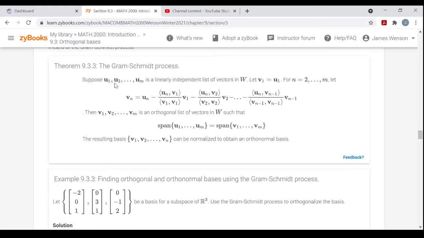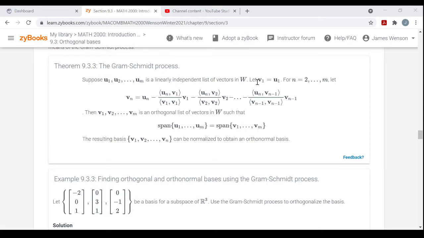Suppose u1, u2, all the way up to um is a linearly independent list of vectors in some space W. Again, we're starting with really any set of independent vectors from W, any basis of W.